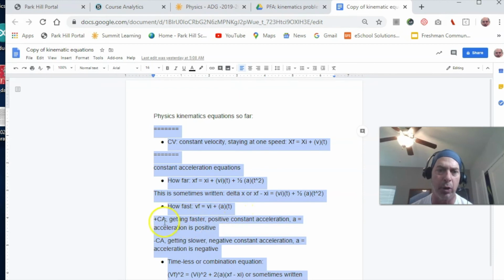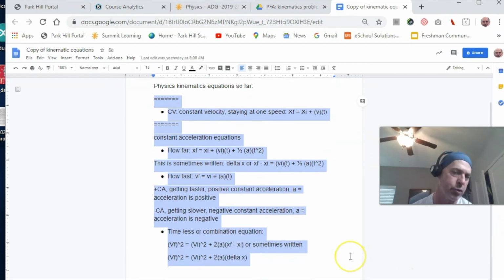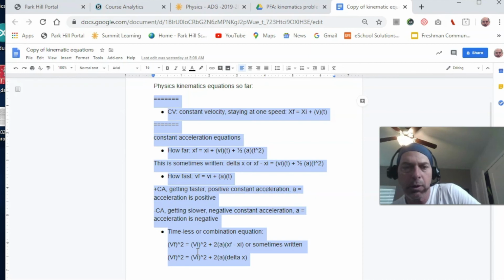I've labeled our accelerations as getting faster, which would be a positive constant acceleration. Minus CA would be an object getting slower. And then we also developed what I call the timeless or combination equation. We took these two equations and merged them together, and we factored out the time. This is really helpful if we don't know the time that something is in motion.